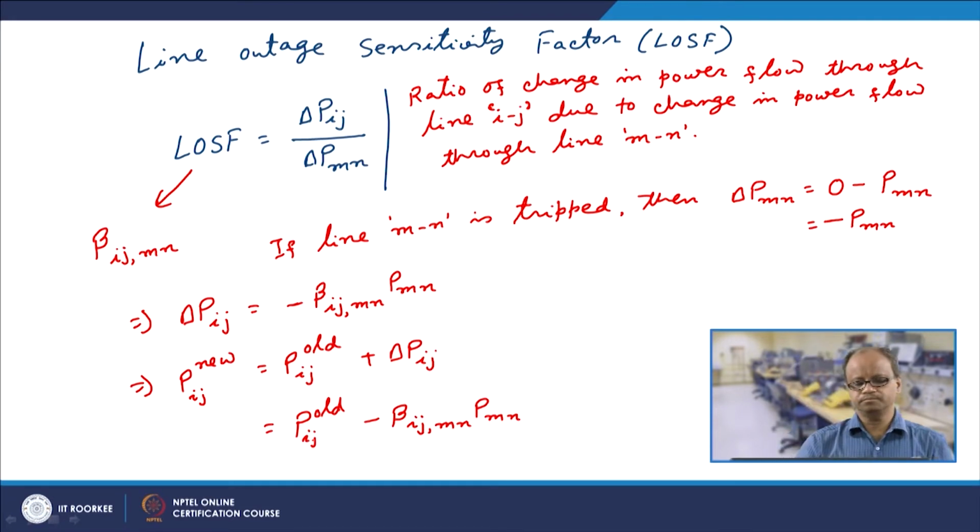Now, obviously, if there are, let us say, 10 lines, then we need to know this sensitivity factor for each pair of lines. As an example, if I have in my system 4 lines, 1 2, 2 3, 3 4 and 4 1, I will have P 1 2 due to 2 3, P 1 2 due to 3 4, P 1 2 due to 4 1.